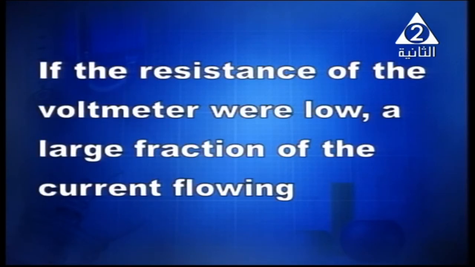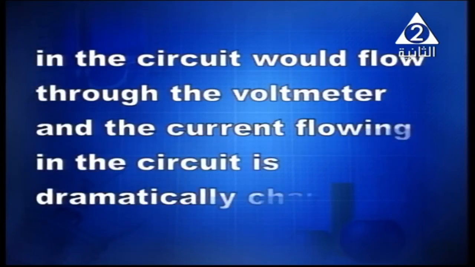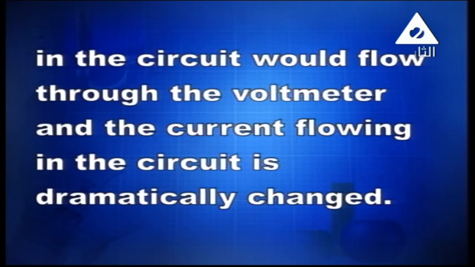If the resistance of the voltmeter were low, a large fraction of the current flowing in the circuit would flow through the voltmeter, and the current flowing in the circuit would be noticeably altered.